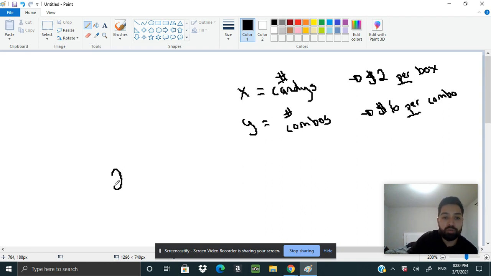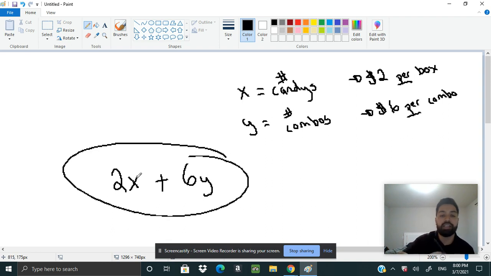We can go 2 times the number of candies that we buy, candy boxes, so $2 per box. Plus, we're adding our total cost together, $6 per combo, so $6 times Y, because Y represents the combos.